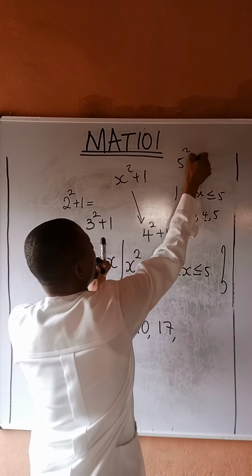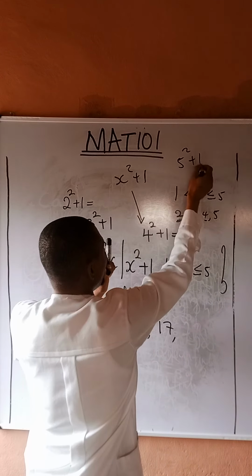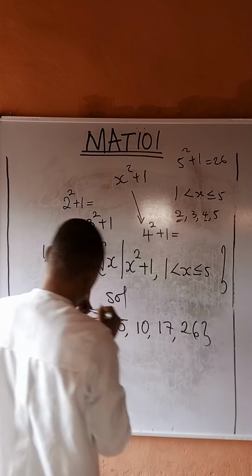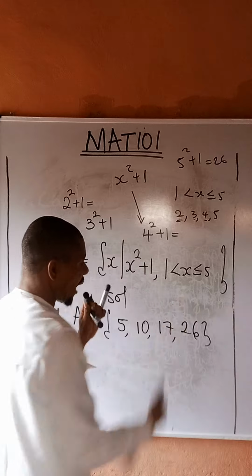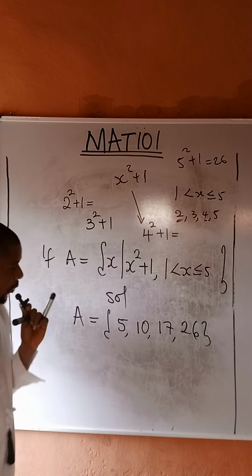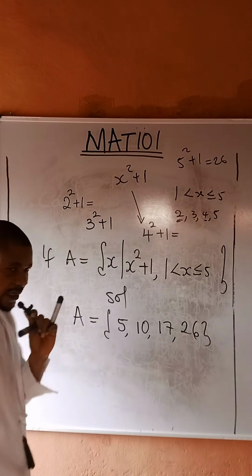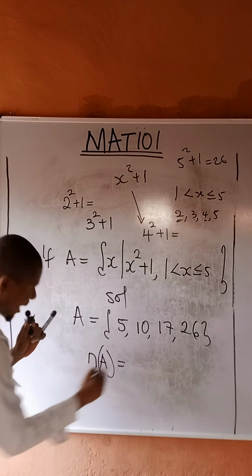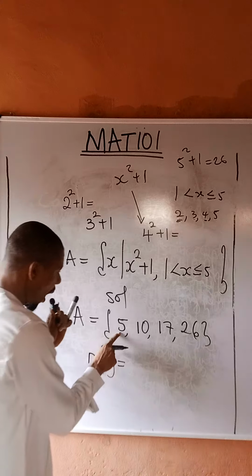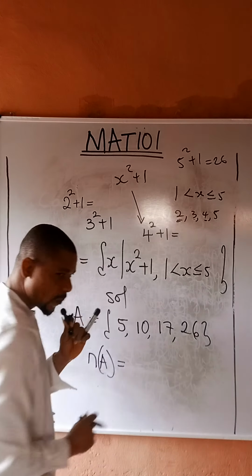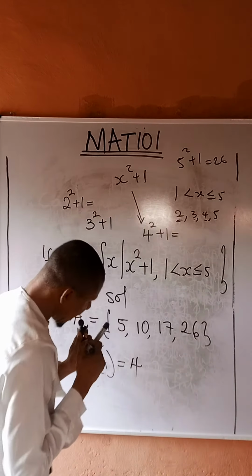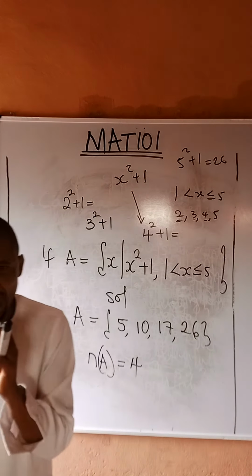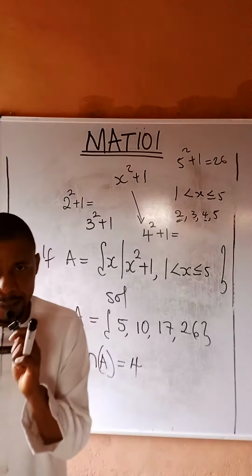This is 5 squared plus 1, which gives me 26. So these are the elements of this particular set. If the elements of this set are 5, 10, 17, and 26, I can now comfortably say that the cardinality of this set is 1, 2, 3, 4, which means that my correct answer is 4. That is the cardinality of this.